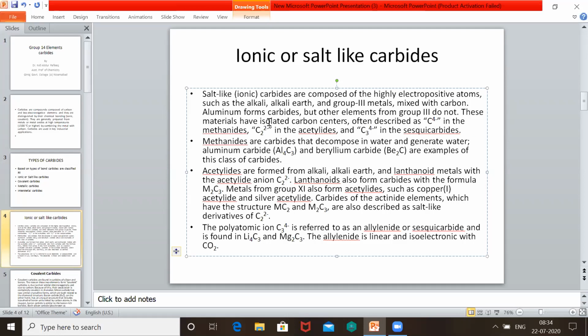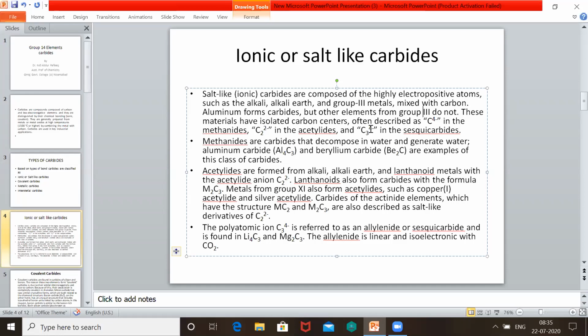So in all types of carbides, and particularly when we are talking about ionic carbides, the oxidation state of carbon will be negative and metals will be positive. Here carbon will be in the -2 and -4 oxidation states. These ionic carbides are divided into 3 types based on their hydrolysis.